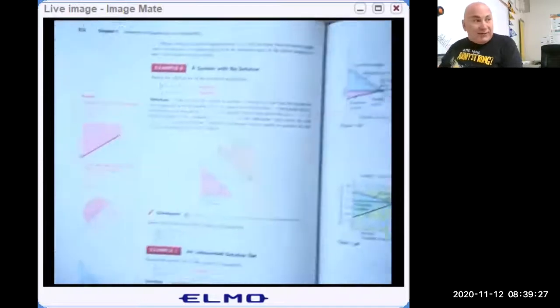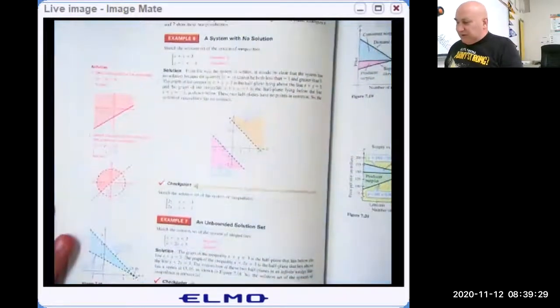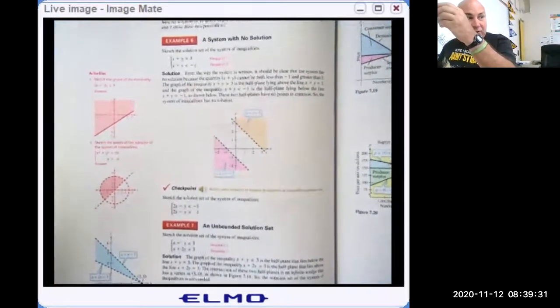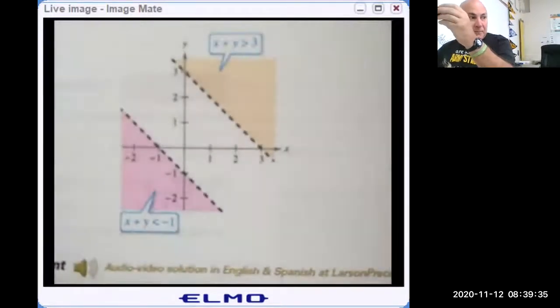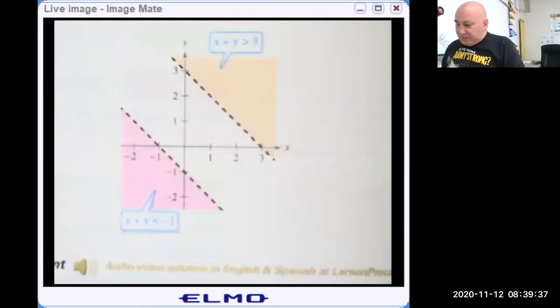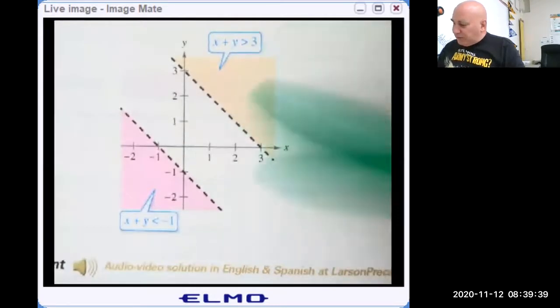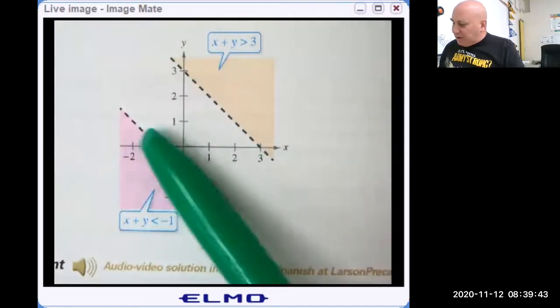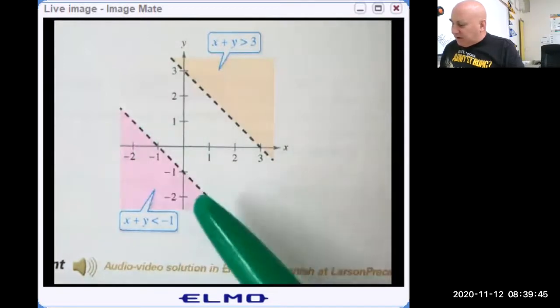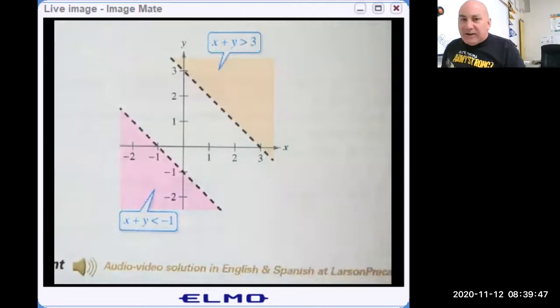So we do have some other situations. For instance, this is page 512 of our current textbook. This has no solution. This one inequality graphs this area up here, one inequality graphs this area down here. These lines are parallel, so there's never going to be any overlap.